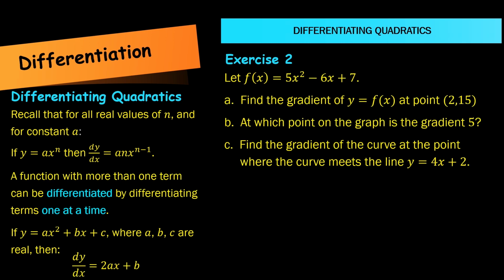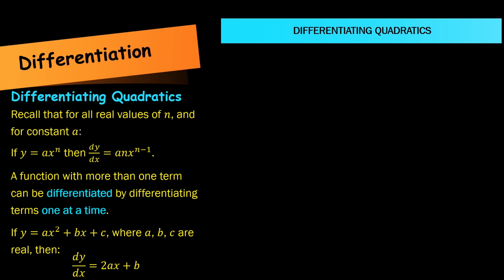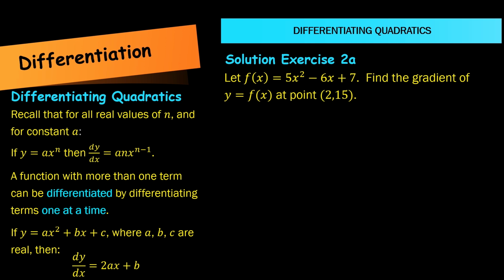Now let's solve the next exercise as shown on your screen. So let's solve example 2a first. Let f of x equal 5x squared minus 6x plus 7. Find the gradient of y equals f of x at point 2, 15.